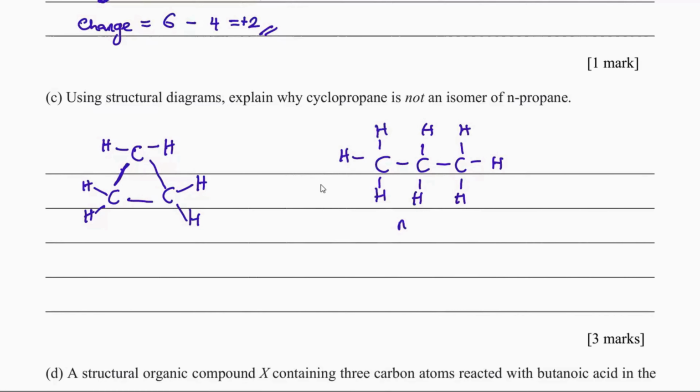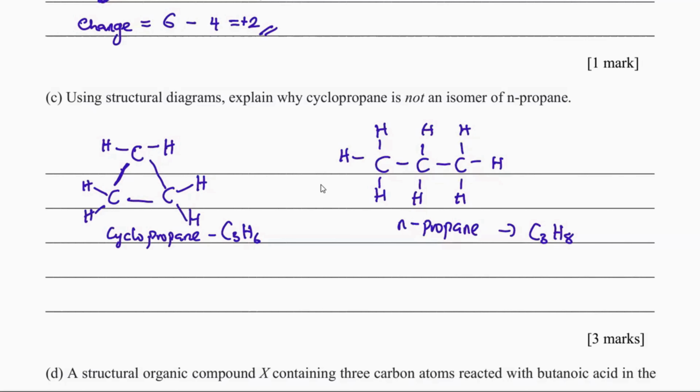Okay, so we'll label it N-propane, and we'll label this cyclopropane. Now, our cyclopropane is C3, how many hydrogen? H6. And our N-propane is C3H8.